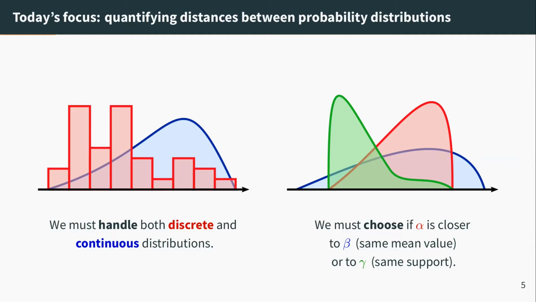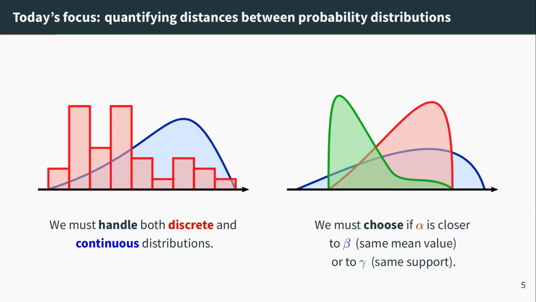Just to show you that it's necessarily a non-trivial problem, let's consider those three probability distributions. You have the red one, the green density, and the blue density. All of them defined on the real line with an area under the curve that is equal to 1. So they all describe probability distributions.